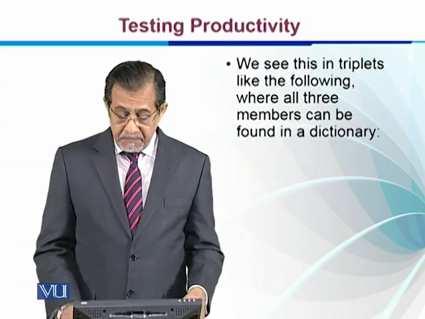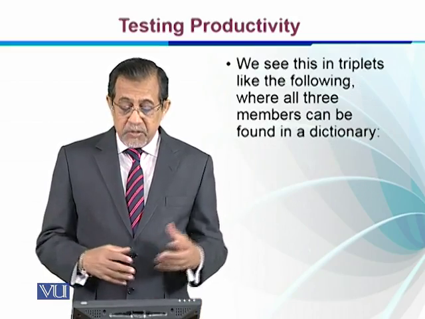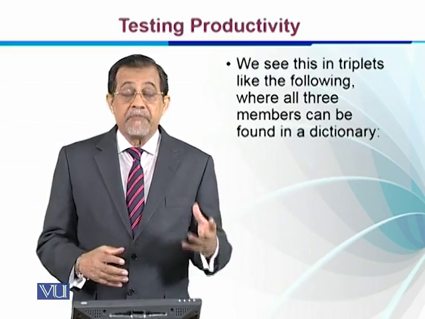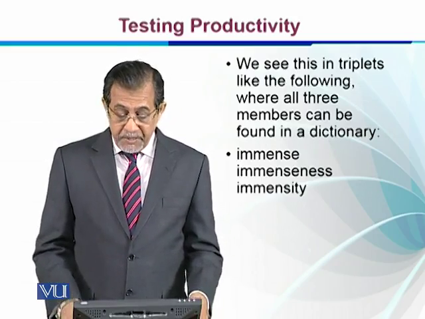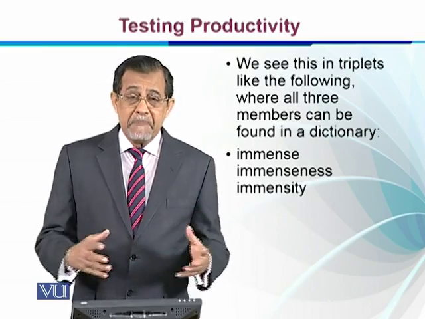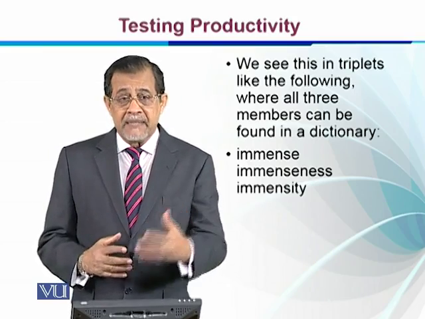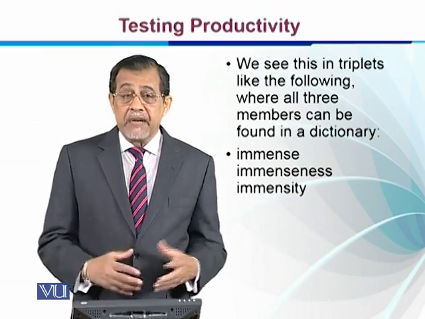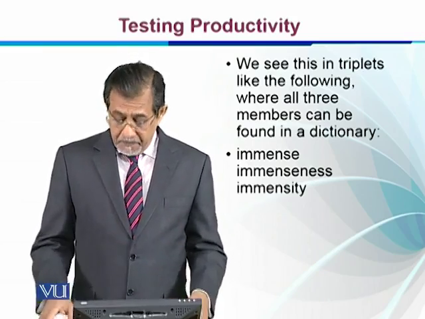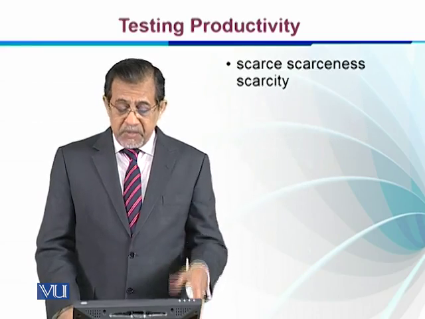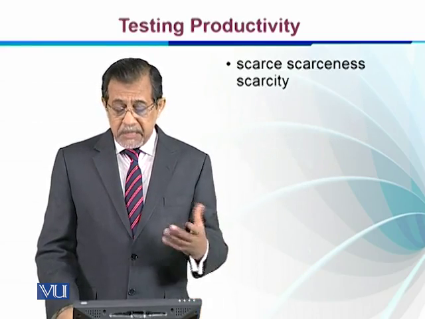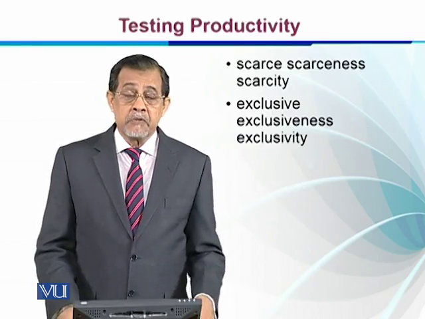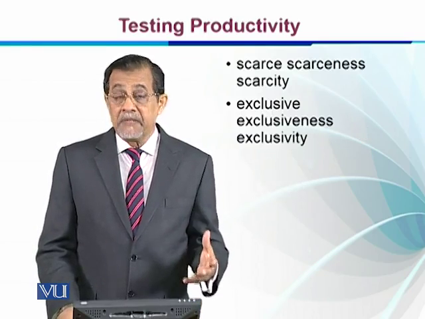We can have examples of triplets where all three members can be found in a dictionary. For example, you can find immense, immenseness, and immensity. The same is the case with scarce, scarceness, and scarcity, and with exclusive, exclusiveness, and exclusivity.